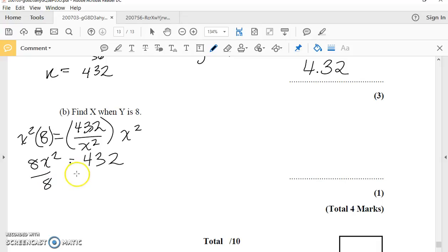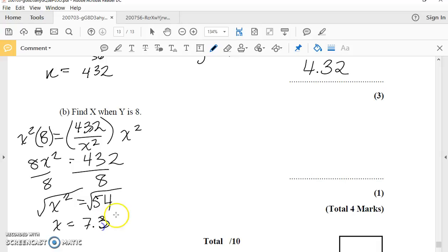Divide both sides by 8. x squared equals 54. Square root both sides. And x equals 7.35. That didn't work very well, did it?